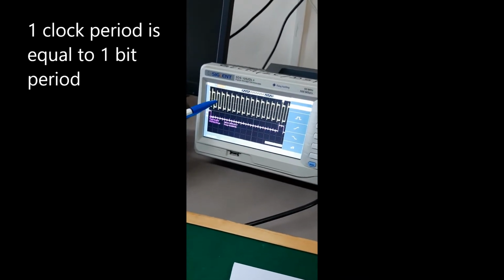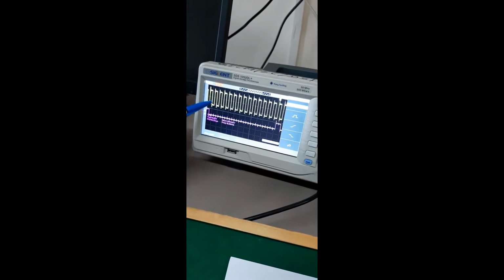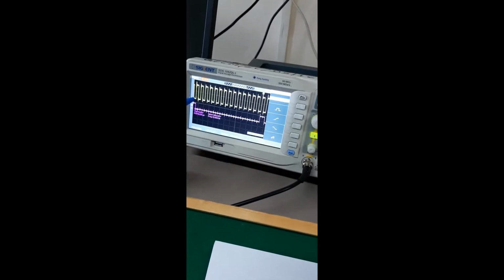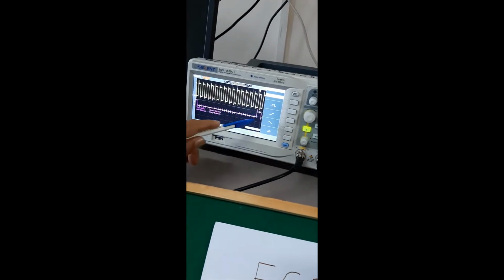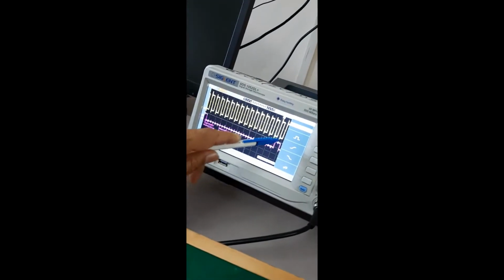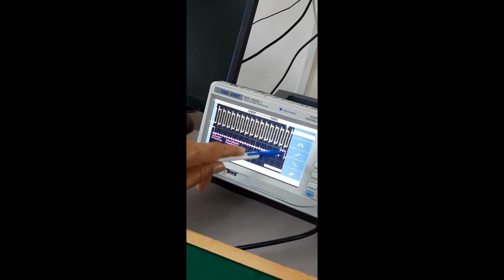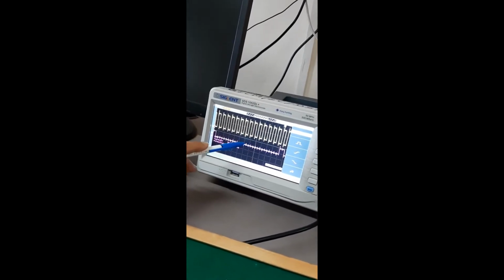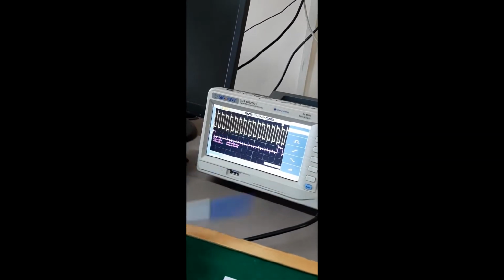One time interval is equivalent to 1 bit as per the operation of this circuit, and the start of the frame is indicated by transmitter bit T0. There will be totally 15 bits in a frame which is formed by this TDM PCM transmitter trainer.